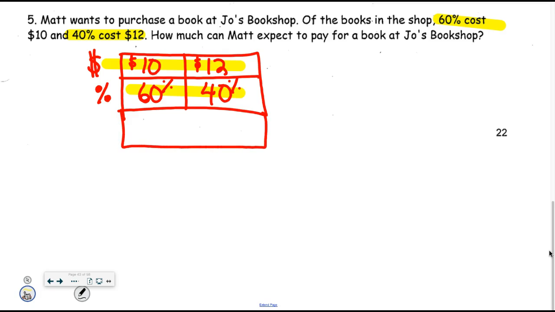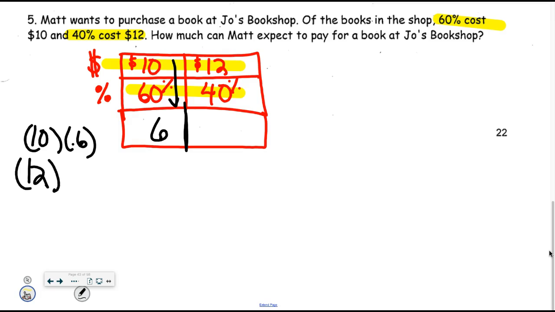But then I make my third row, and I multiply 10 times 0.6 on my calculator. So you go to your calculator and you do 10 times 0.6. And then you go to your calculator and you do 12 times 0.4.